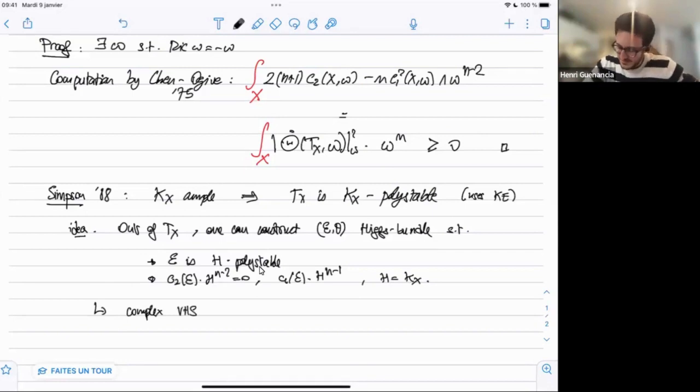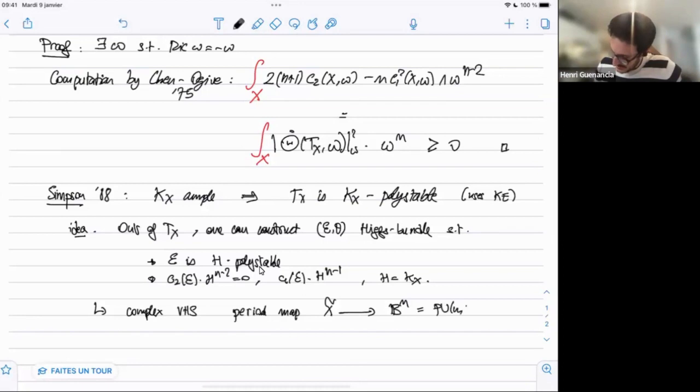Actually, this vector bundle E is much more particular than just any vector bundle. It has an additional structure that guarantees that we have a period map from the universal cover of X that lands directly in B^n, which is just PU(n,1) modulo the stabilizer of a point.